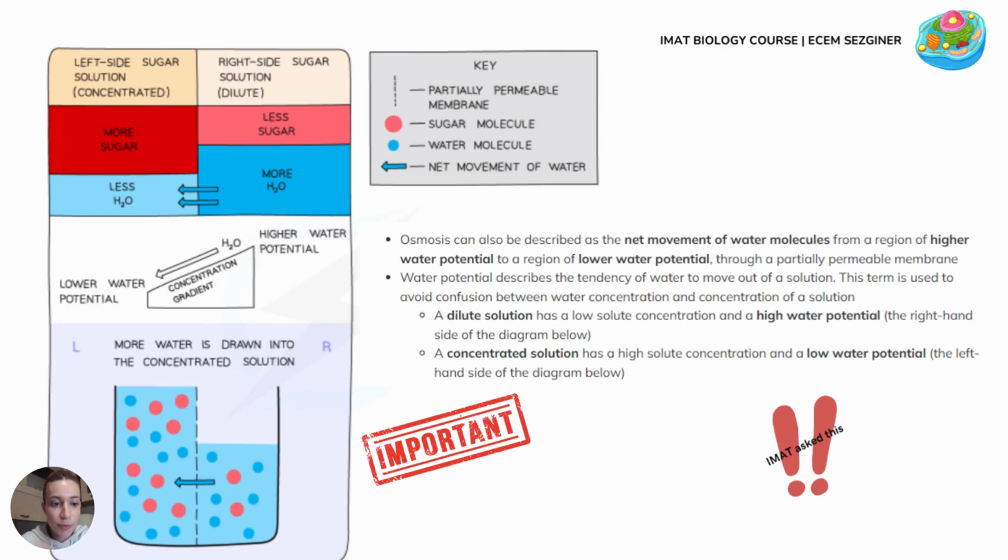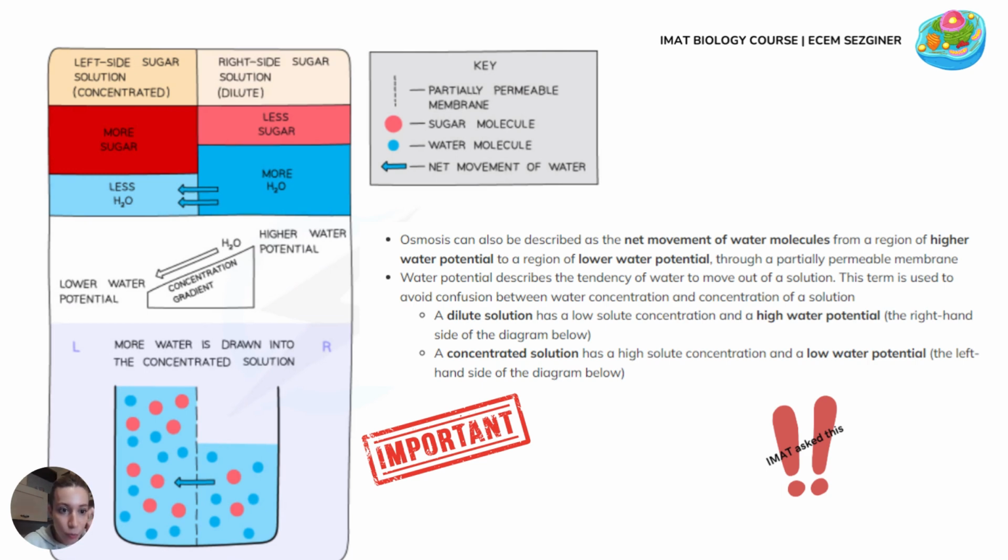Now we have an experiment example here. We see a solution with the semi-permeable membrane, and we observe the movement of the water. On the left side, it's a concentrated sugar solution. And on the right side, we have a less concentrated or diluted solution.